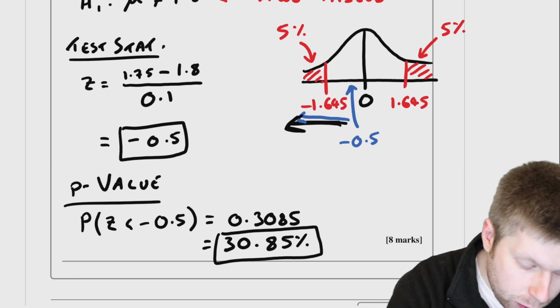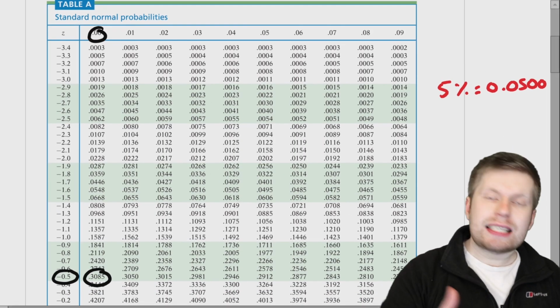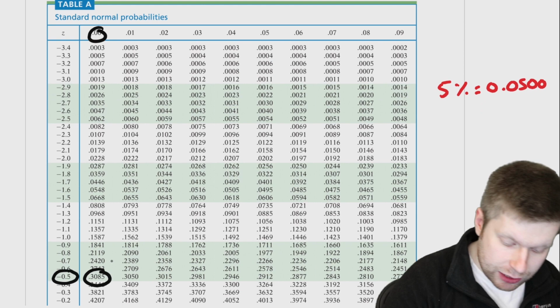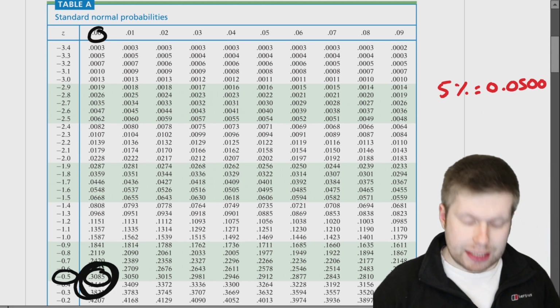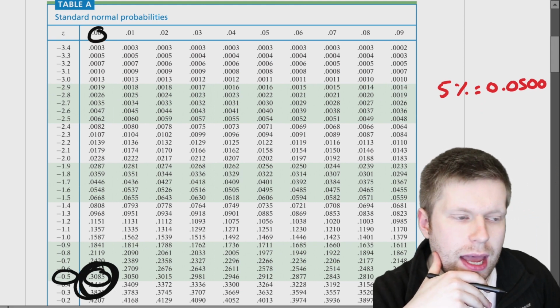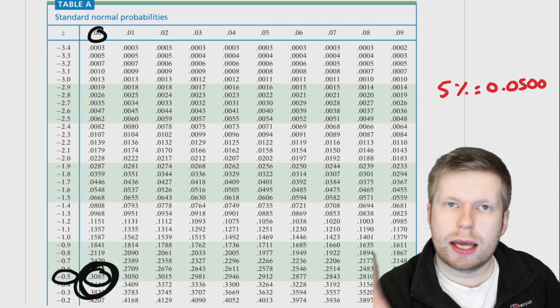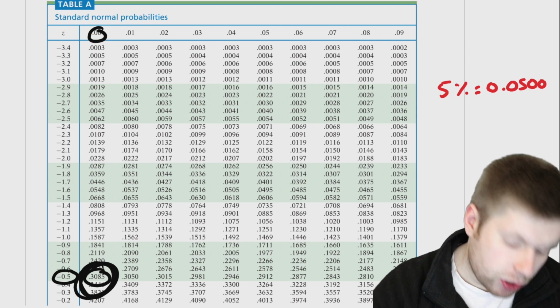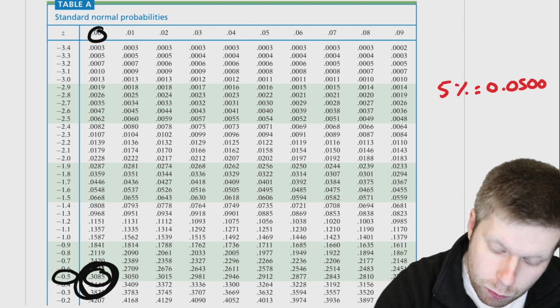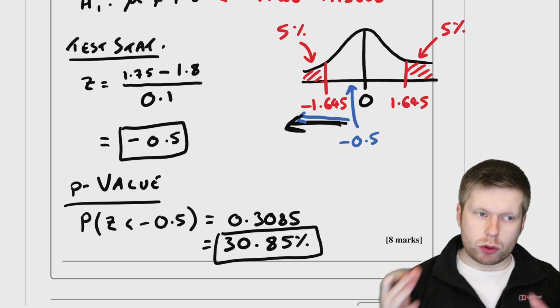These tables here are all cumulative. They're all less than or equal to probability. So when I looked this value up, it's not the probability that it's equal to negative 0.5. It's the probability that z is less than or equal to negative 0.5. So that's the reason why I say or a more extreme sample. It's not just this value.